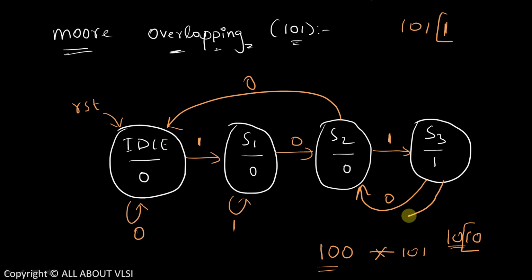So that's why you are going to S1 state when your input is equal to 1. So simply see here, in the S3 state we have 101, and if you get 0, we can use this 10 for building 101 again. So that's why we are coming to S2 state. But in the case of 1, we are coming to S1 state. So this is Moore overlapping sequence detection.